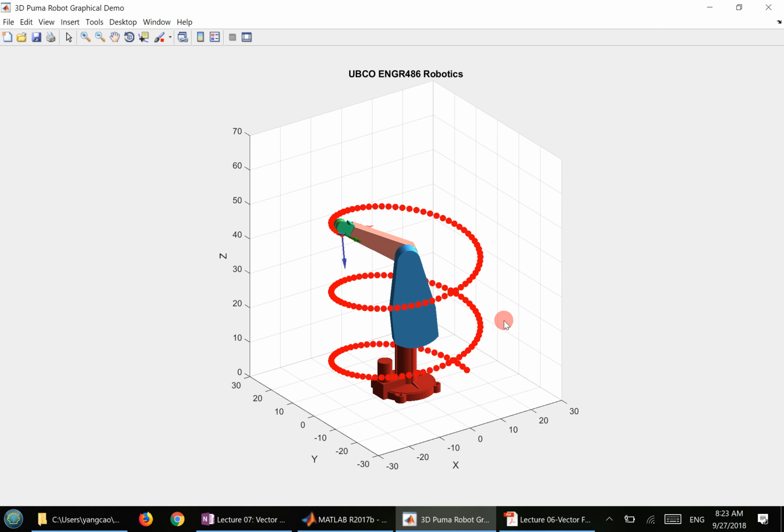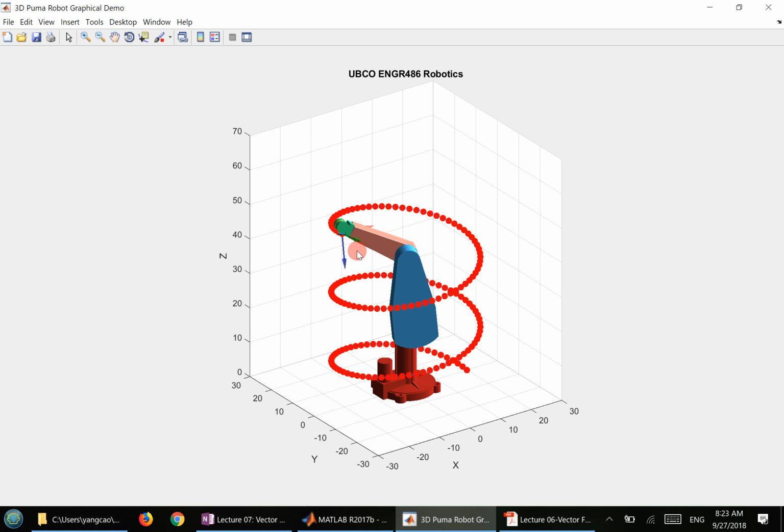I wanted my end effector frame to be oriented at any time the same as the T N B frame calculated from the helical curve. So that's the idea. Not just going along this helical curve, but also a continuously time-varying change for the wrist. You can later see how that changes here.